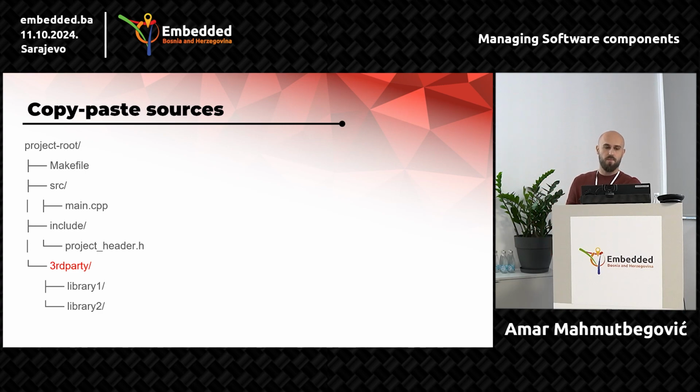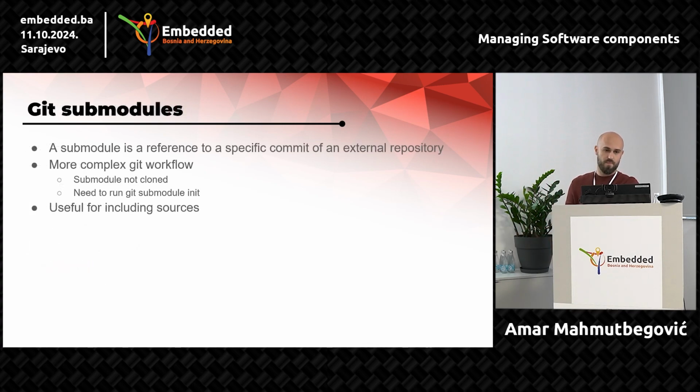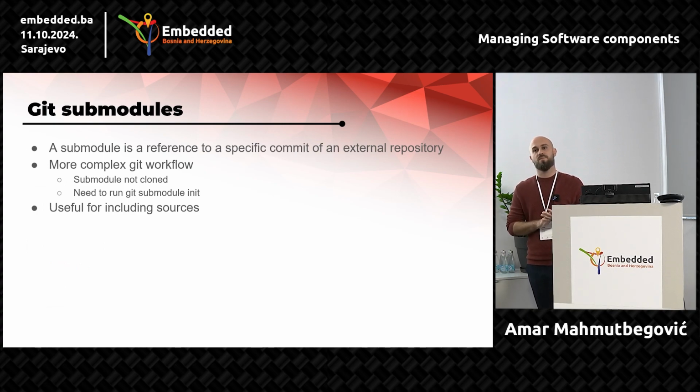So, copy-pasting sources. You've probably seen a project where you have a folder called third party, where we have all the third-party libraries, probably vendor SDKs and such, right? Git submodules give us a bit more flexibility.